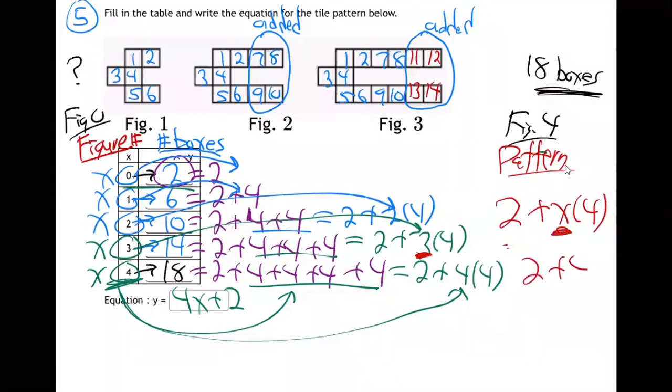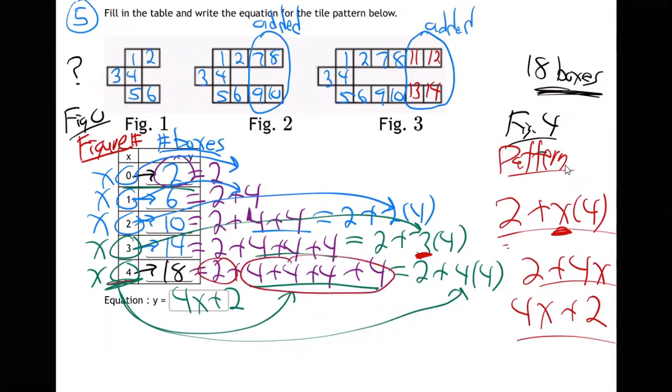Now, another way you can write that is 2 plus 4x or 4x plus 2. They're all good. They're all saying the same thing. They're just different ways of saying the same thing. Do you see that in the pattern? It's just 2 plus x 4s, whatever your x number is. 2 plus x 4s, or 4x plus 2. Good observation.